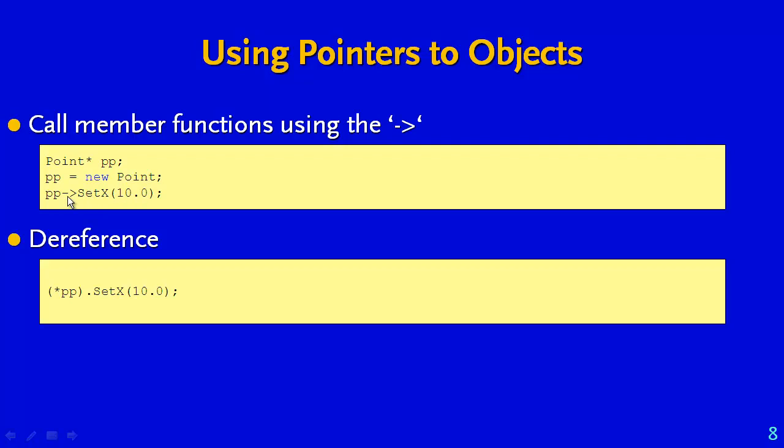So I can say pp pointer set x, or I can dereference pp and use my dot notation set x, whatever you like. Personally, I prefer dereferencing because it's a bit more readable, and in some cases you have to do dereferencing because sometimes we've got a whole concatenated list of functions and objects, and the compiler gets confused by the pointer. So that's how we use pointers to objects.